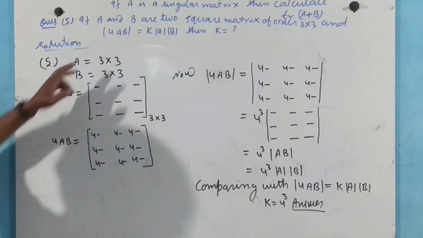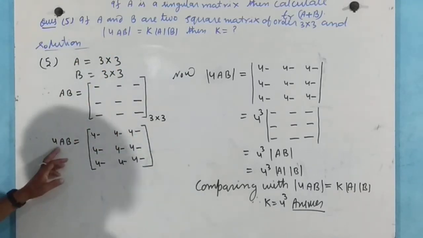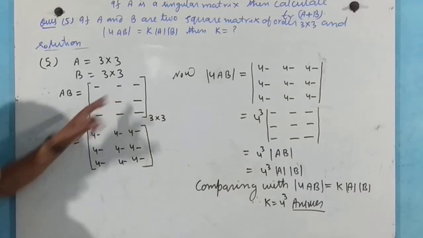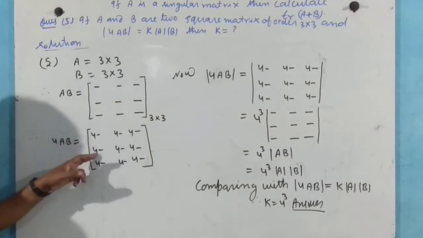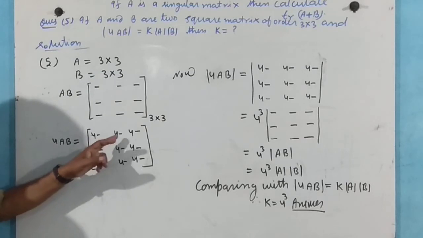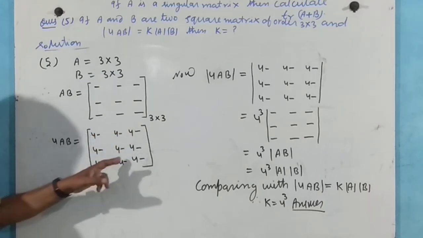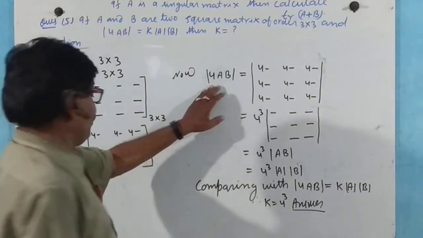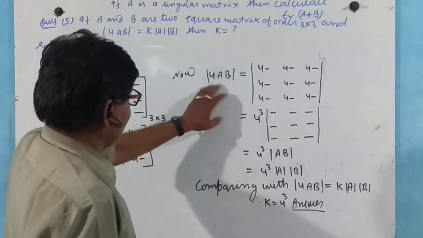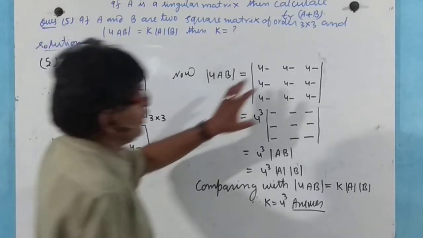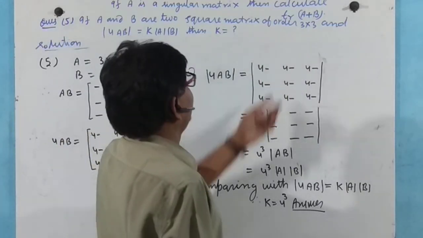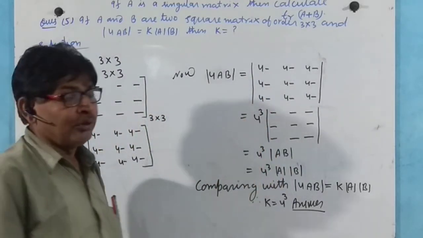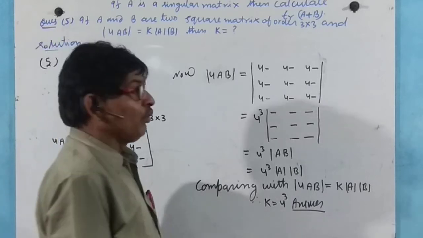Now 4AB means 4 is multiplied to each element, so 4 into something, 4 into something, and so on. Now for the determinant of 4AB, in the determinant we take the common factor from one row or one column.